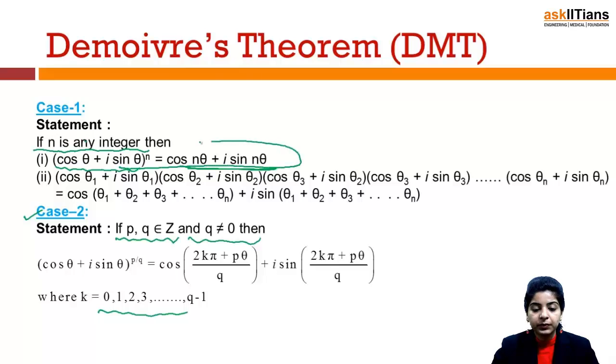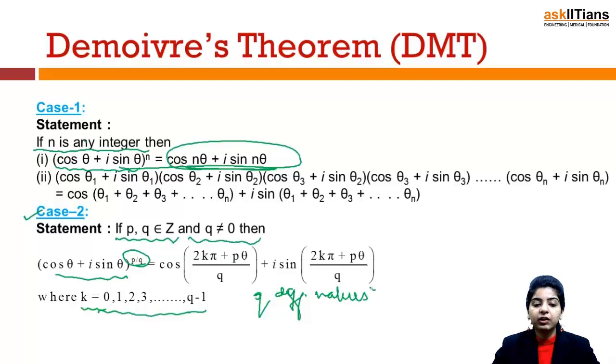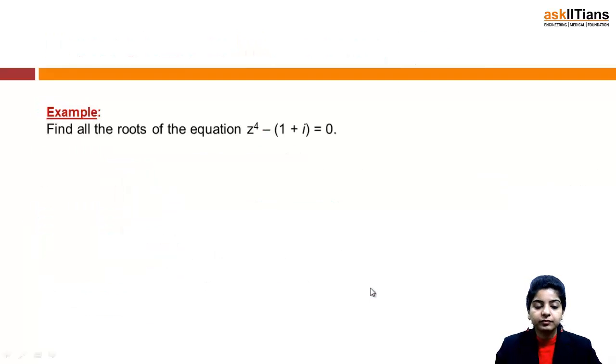But when n is a rational number of the form p by q, where q is obviously non-zero, rather than being an integer, then this has got exactly q different values. Since k is varying from 0 to q minus 1, that means it has got q different values, right? So it will be clearer once we discuss the example.